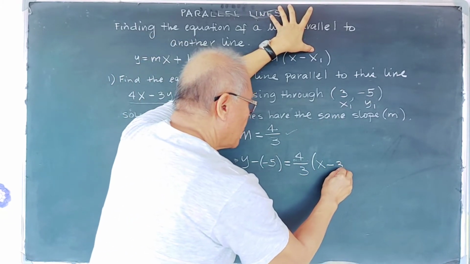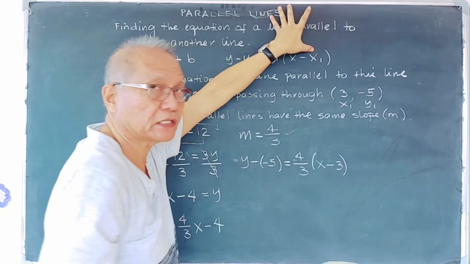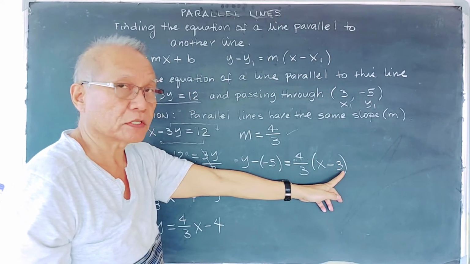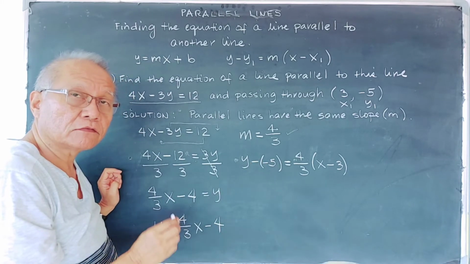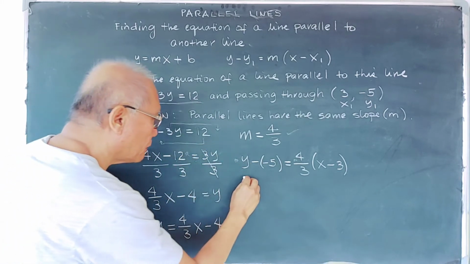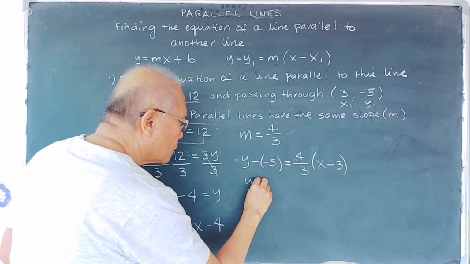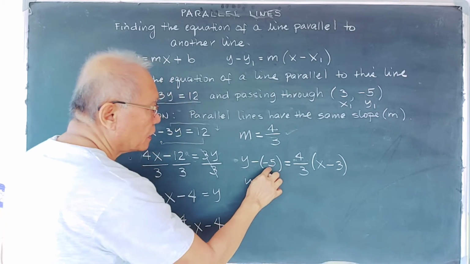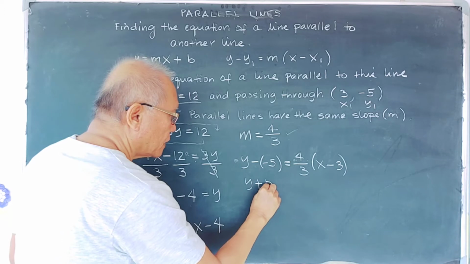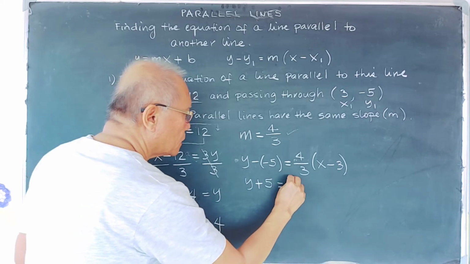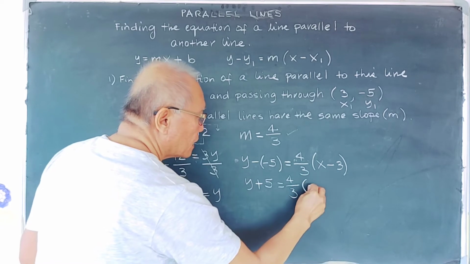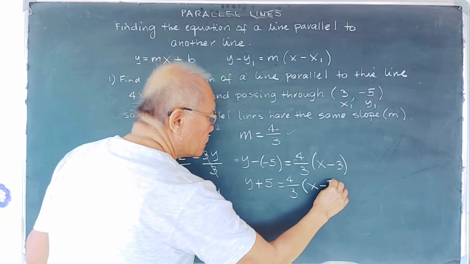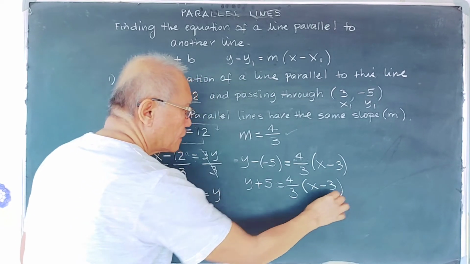You may put that inside the parentheses or just let it be minus 3. Negative times negative becomes positive, and then the 5 here is equal to 4 over 3 times the x minus 3.